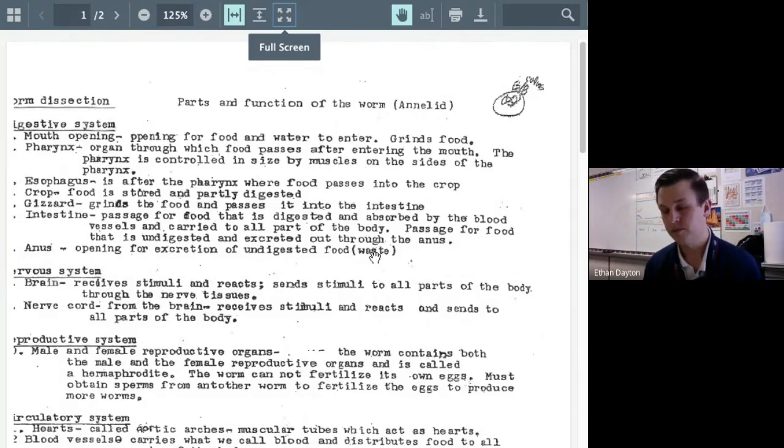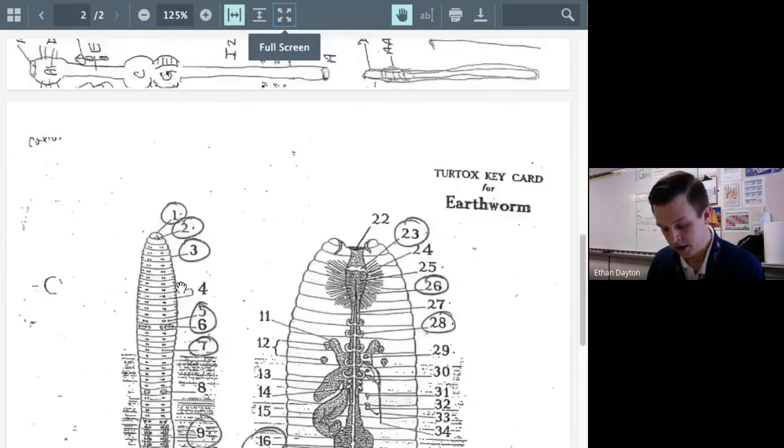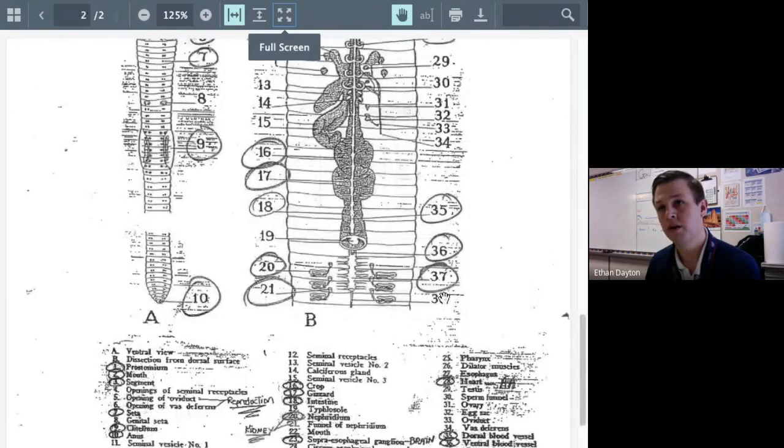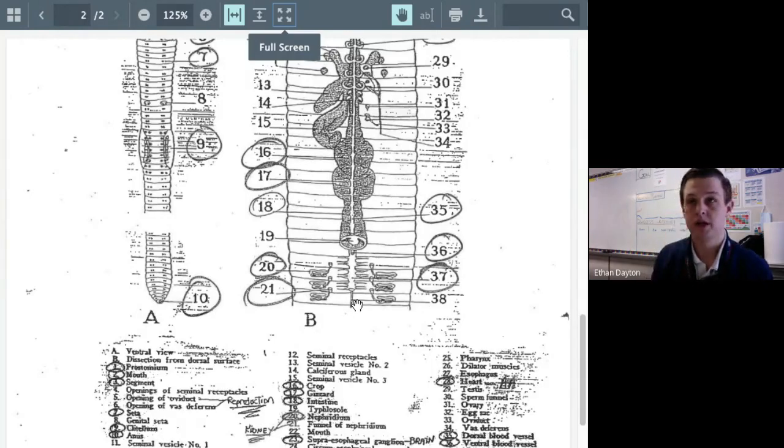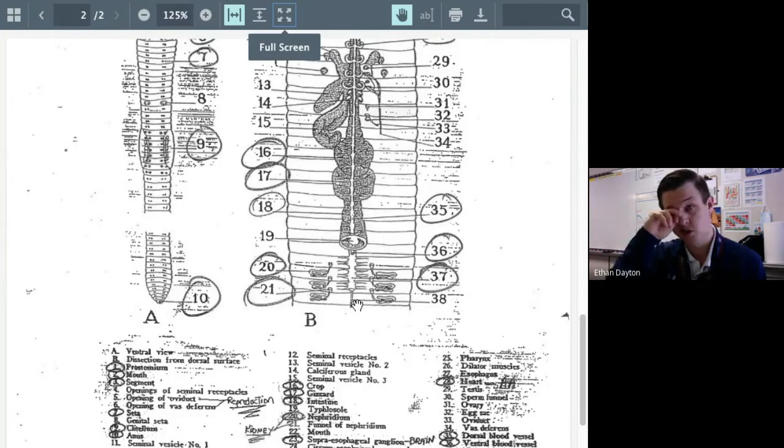The next part of the nervous system, the brain is part of the nervous system, is the nerve cord. So if you go all the way down to 37, 37 is the nerve cord. Now, when I did the dissection, I actually had to cut out a piece of the intestine and pull it out so that you could see the nerve cord. The nerve cord was on the ventral side of the earthworm, underneath the intestine and other organs, and it runs along the whole body of the earthworm.